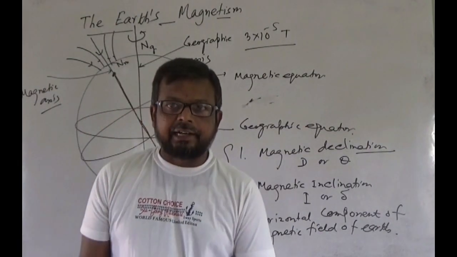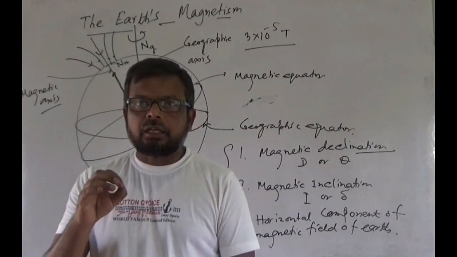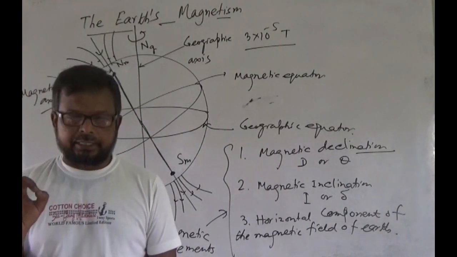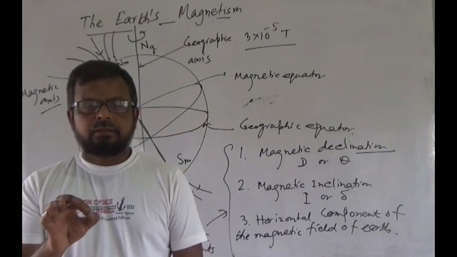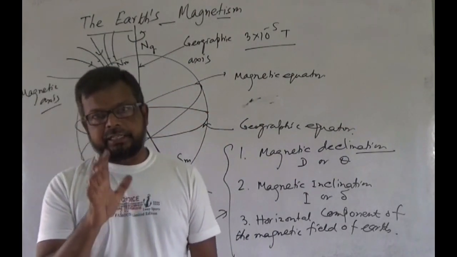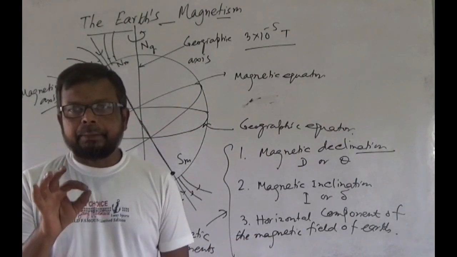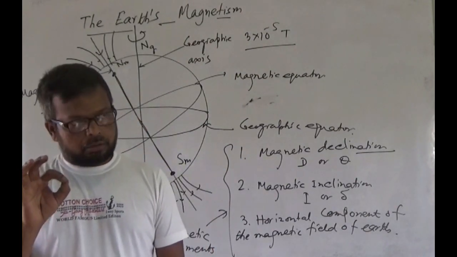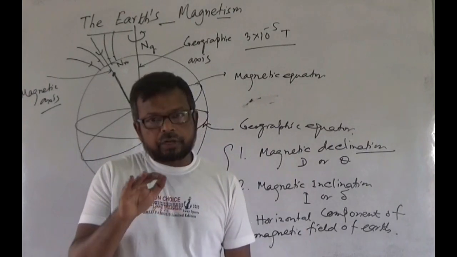Now, what is magnetic inclination? If a magnetic needle is perfectly balanced about a horizontal axis so that it can swing in the plane of the magnetic meridian, the needle would make an angle with the horizon.